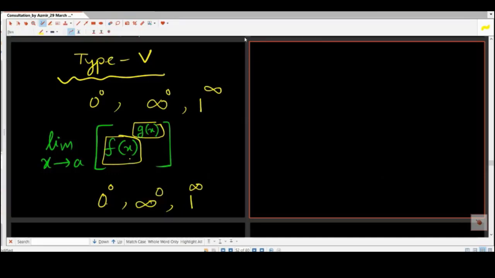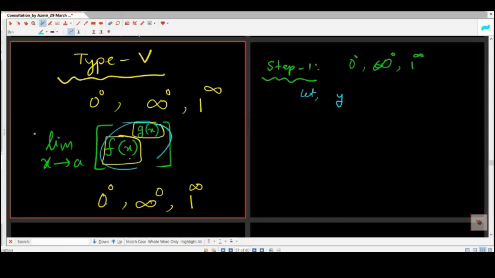So step 1, if we are confirmed that we have type 5, that is 0 power 0, infinity power 0, 1 to the infinity, in that case, we have to consider y for this function.